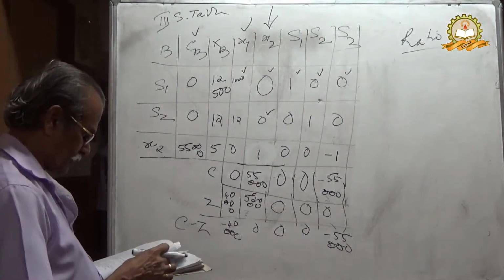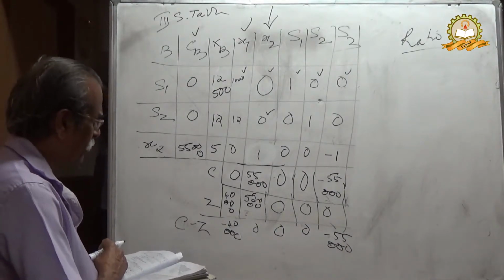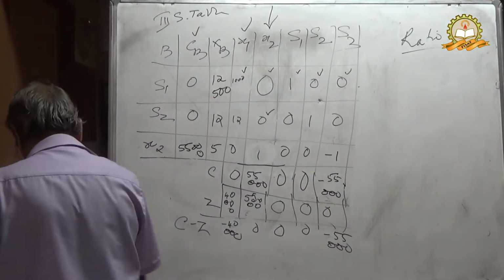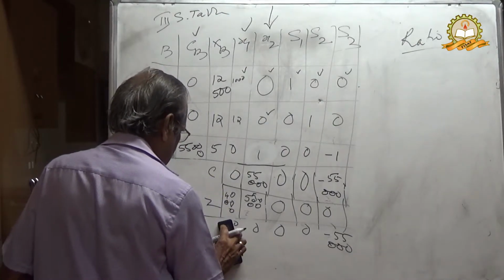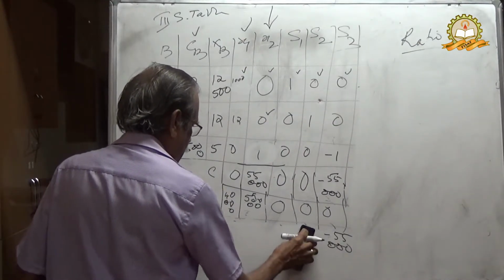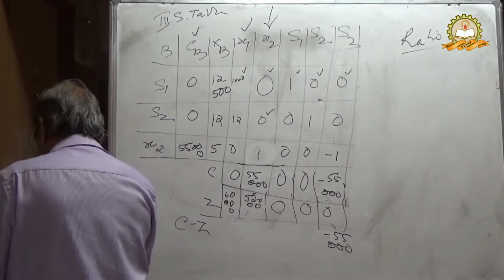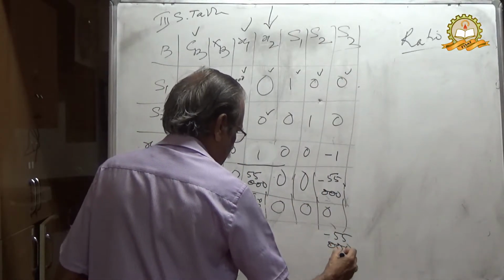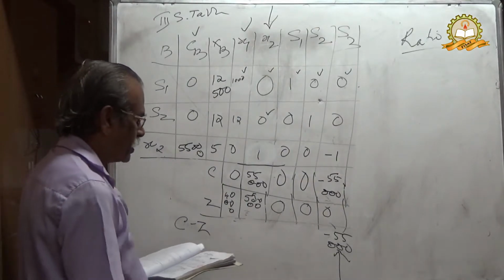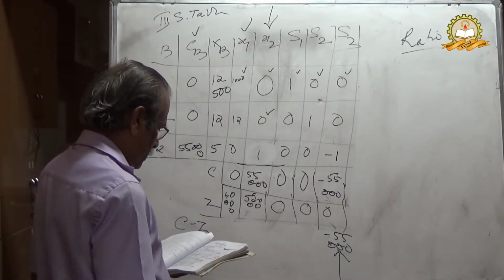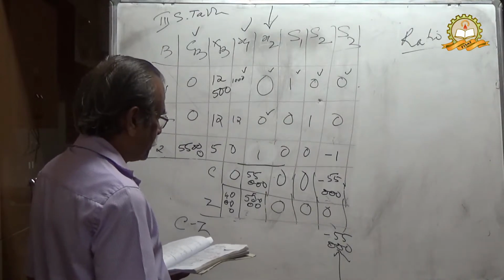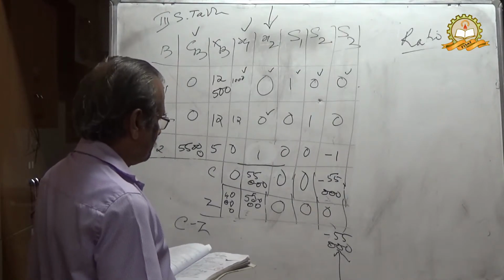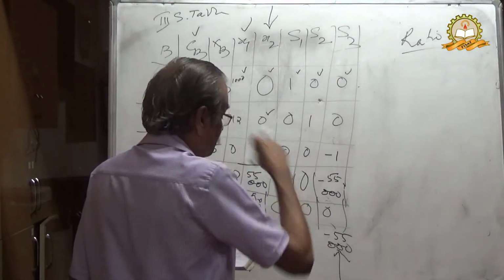Negative 55,000 under S3 is your pivot column, because the other value is negative 40,000. Therefore, you have found the pivot column.